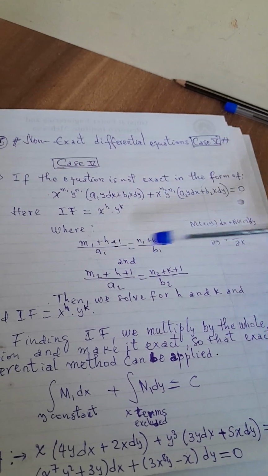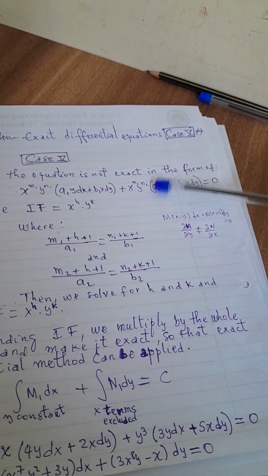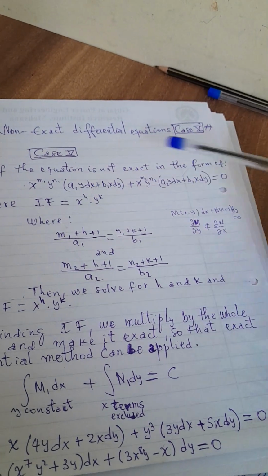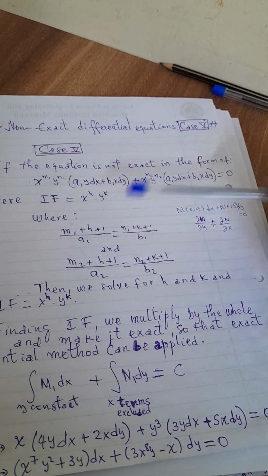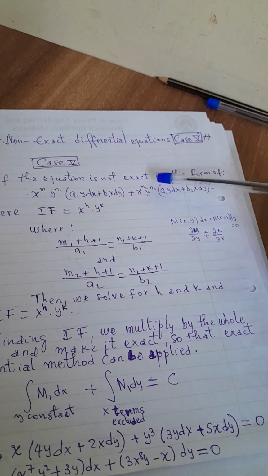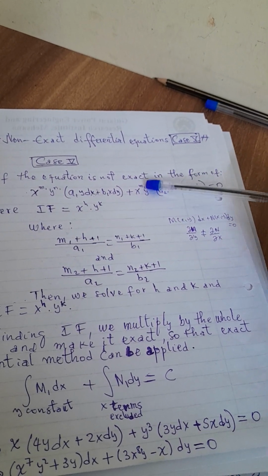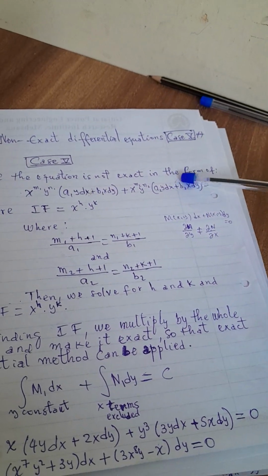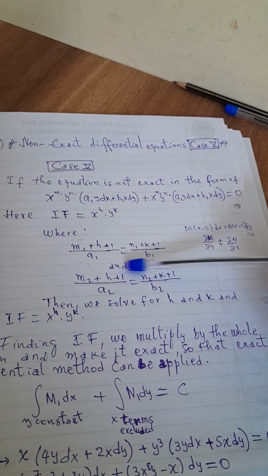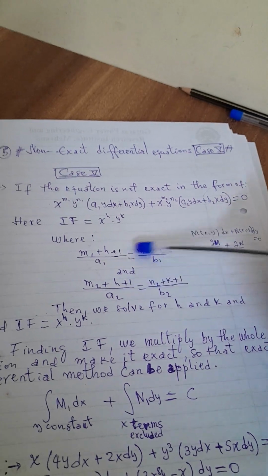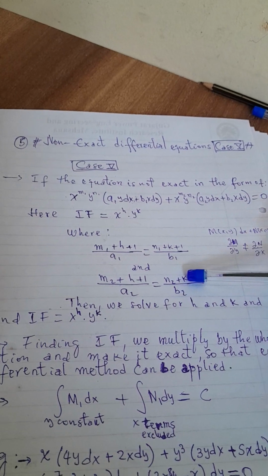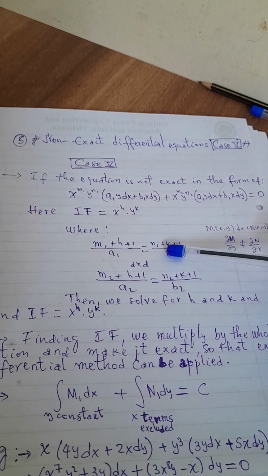The same equation you will do with the second expression: (m2 plus h plus 1) divided by a2 equals (n2 plus k plus 1) divided by b2, as you can see here. From here you will get your h and your k.